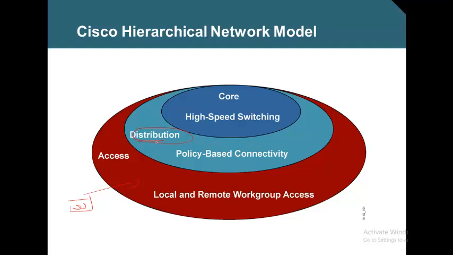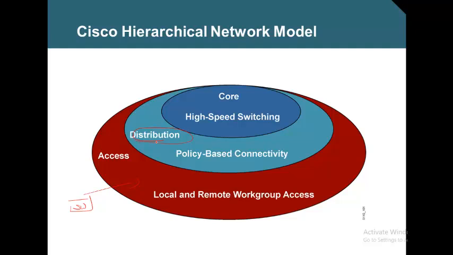In the distribution layer, the routing decides the destination VLAN. So distribution layer is routing, access layer is switching.